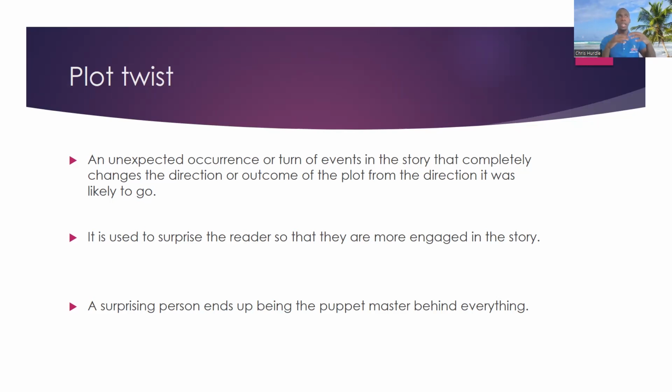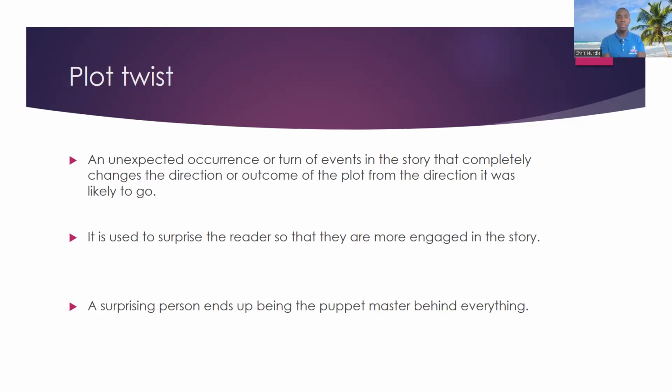Because obviously, every story will have the five elements that we discussed, but in terms of that individual story, the reader is going to have his or her own opinions about what is going to happen based on how the story is developing. So what a plot twist does is it is a sudden turn of events that nobody could have expected or anticipated, right? This is used to surprise the reader so that they're more engaged in the story.